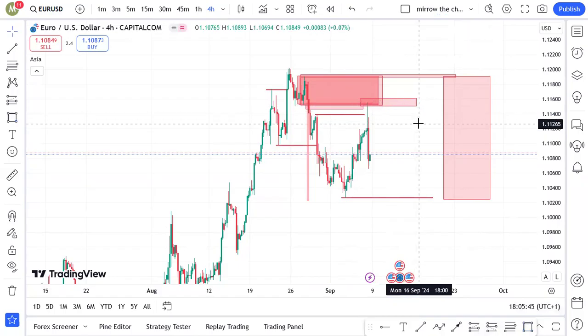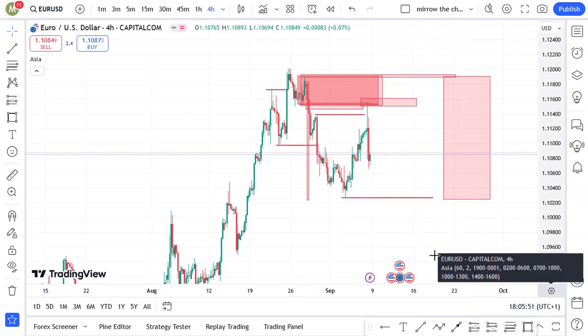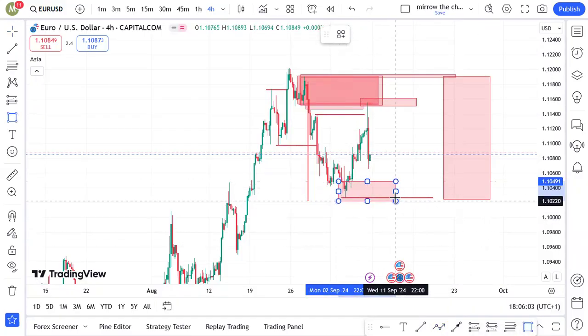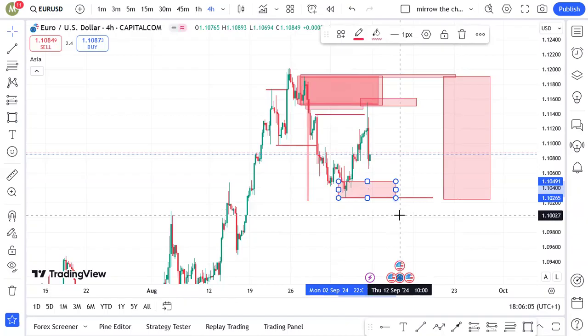But now, instead of waiting for an opportunity to sell, we are buying from here. We are buying from here. Instead of waiting for this sell opportunity, we are buying from here. Why?